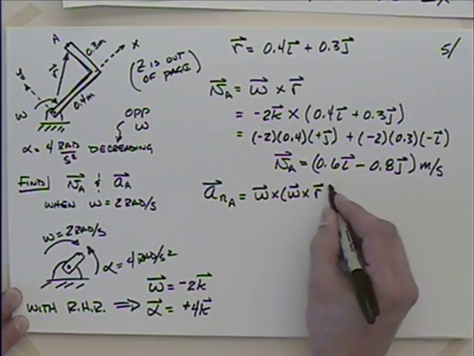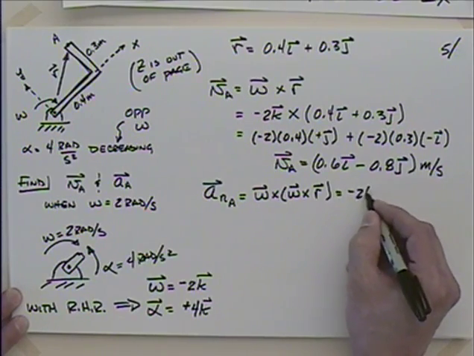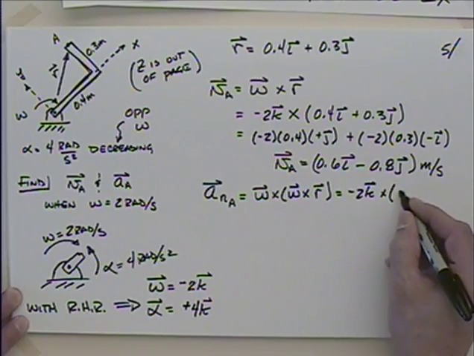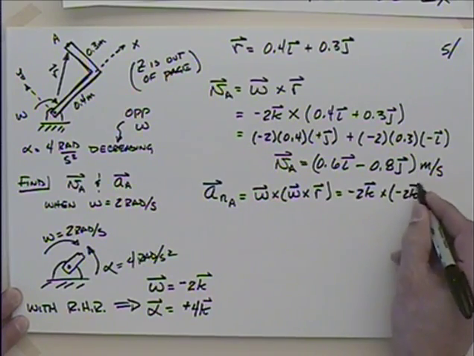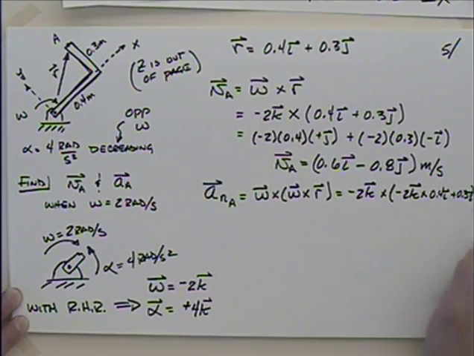That's probably the toughest way to do it. I mean, that would be what? Minus 2 in the k crossed with minus 2 in the k crossed with 0.4 in the i plus 0.3 in the j. That's kind of ugly, but I'm not going to do it that way.